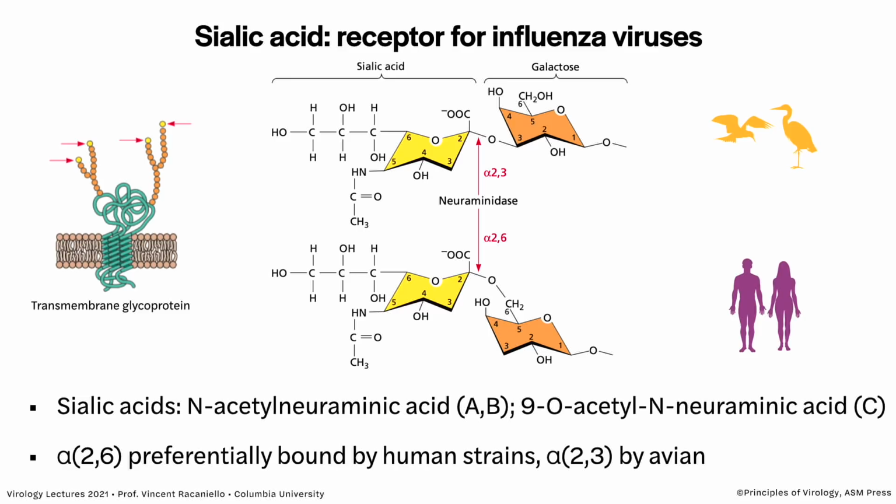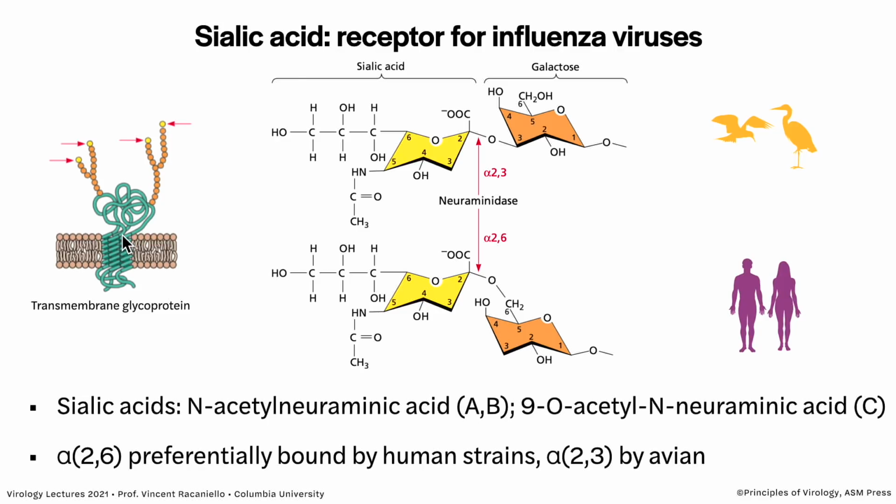Now, a little more detail on sialic acid and influenza viruses. So here is sialic acid, 6-carbon ring, and then some other chemical structures coming off of it. And it's always the first sugar in a chain. So here's a typical glycoprotein.